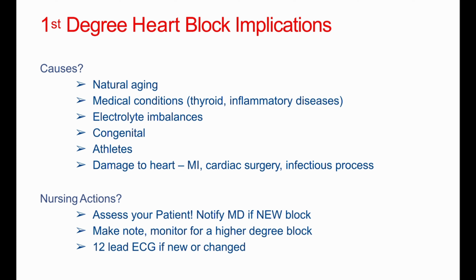As a nurse, you assess your patient, which is the answer for almost every rhythm. Notify the MD if it is a new block, make a note, monitor for higher degree heart block, and get a 12-lead ECG if new or changed.